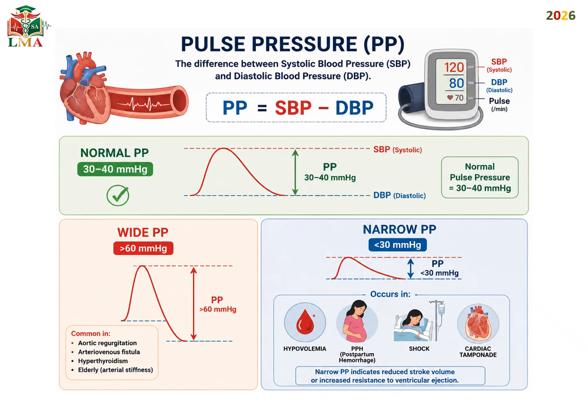It occurs more in hypovolemia and in postpartum hemorrhage, the patient in shock, cardiac tamponade. So the presence of a narrow pulse pressure indicates that this patient is in real emergency and needs real resuscitation.